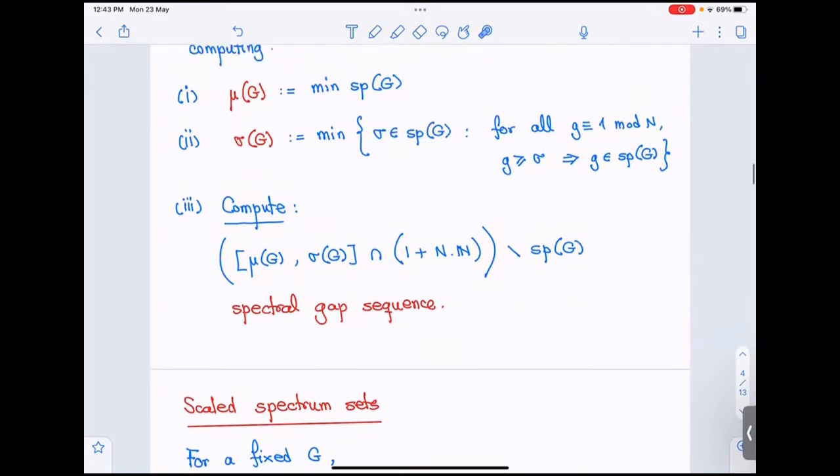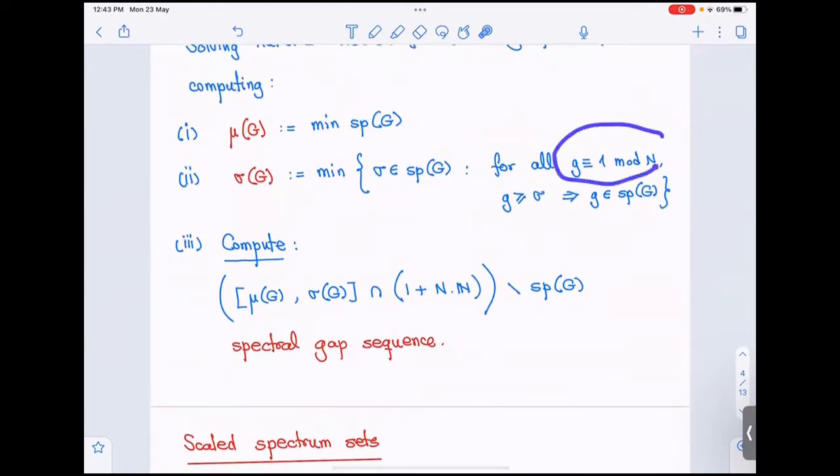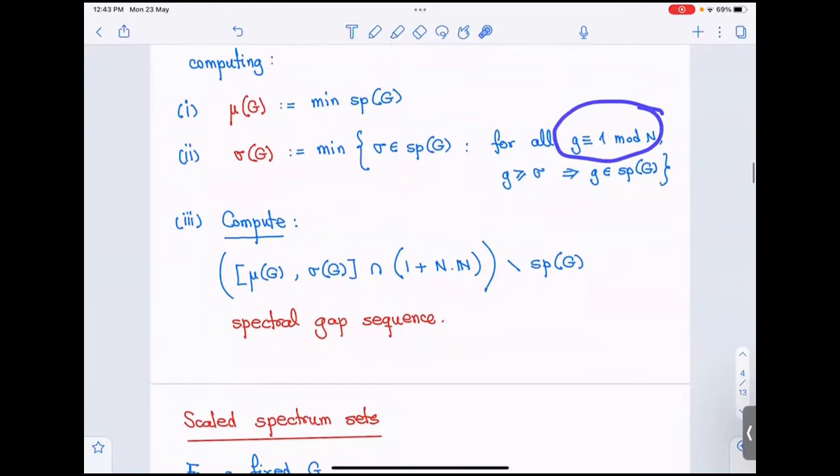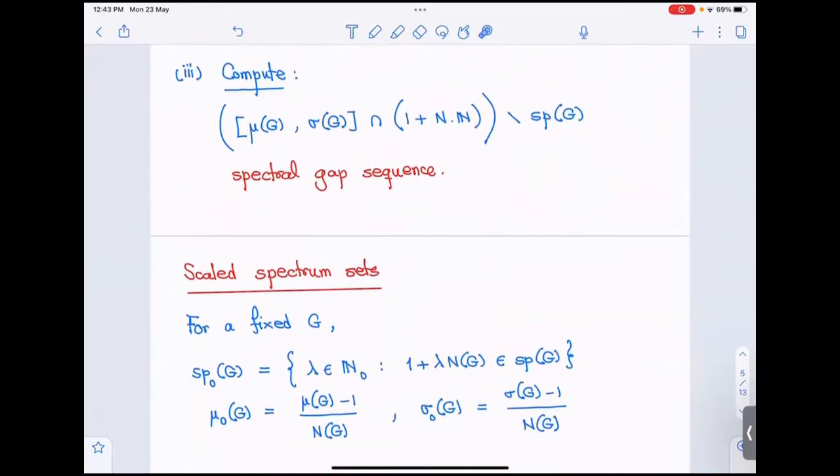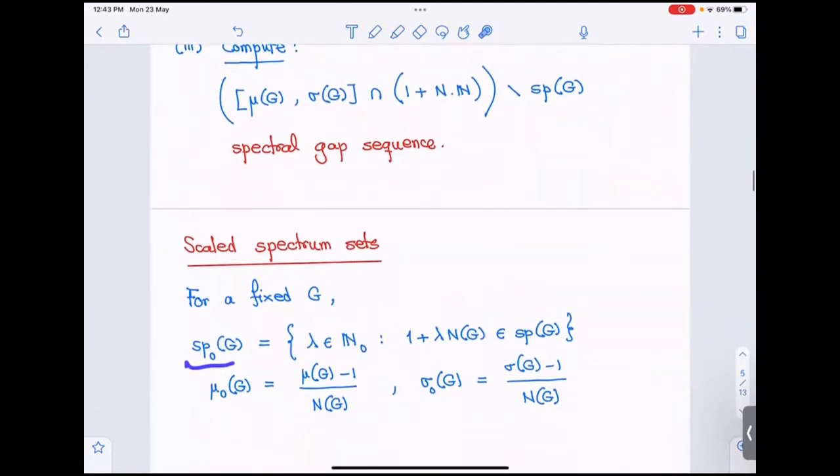Because of the scaling, one can also look at the scaled version of these invariants. For instance, I will call S P naught the set of all lambdas such that precisely 1 plus lambda times N G is in the spectra.